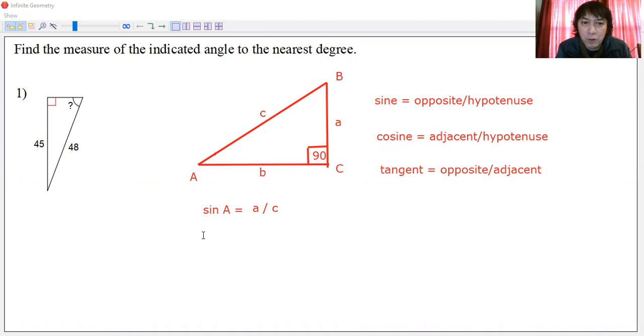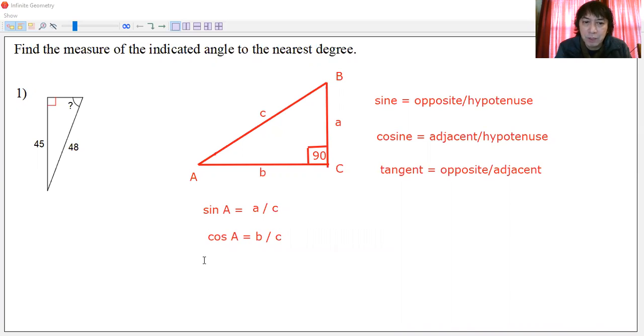And then cosine of A, that's the ratio of the adjacent side to angle A. That's the side b, the adjacent side to angle A. Now that will be b over c, the ratio of the adjacent side to angle A to the hypotenuse.